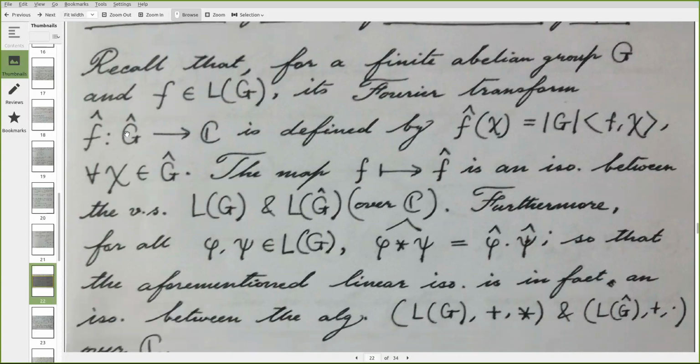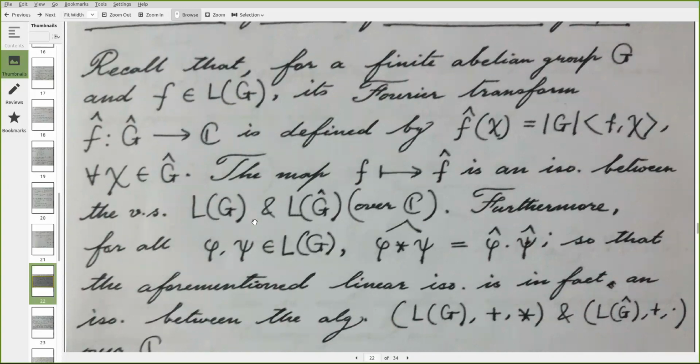So thus for every f I have f hat, and this correspondence f goes to f hat is linear and in fact an isomorphism between the vector spaces LG and LG hat.